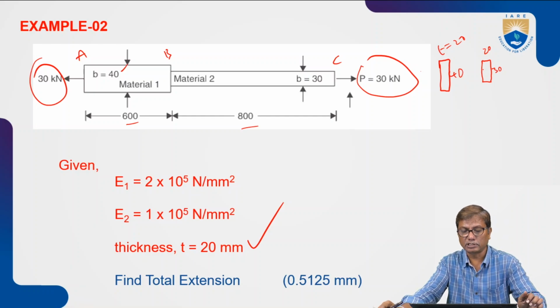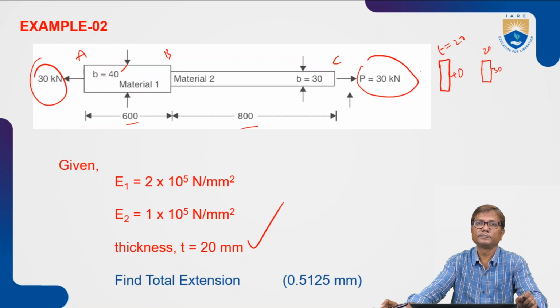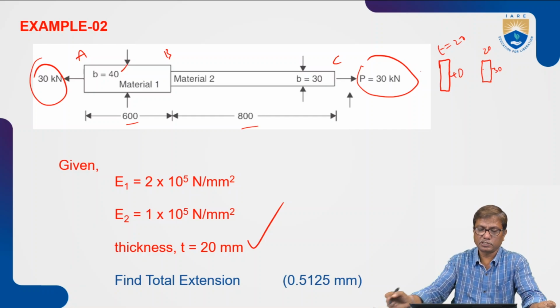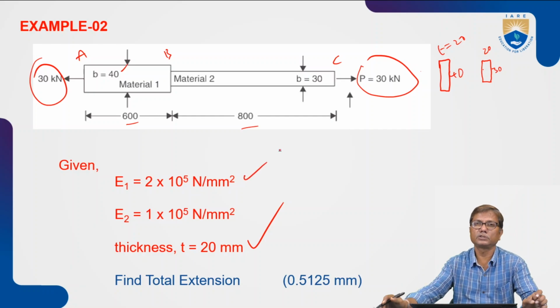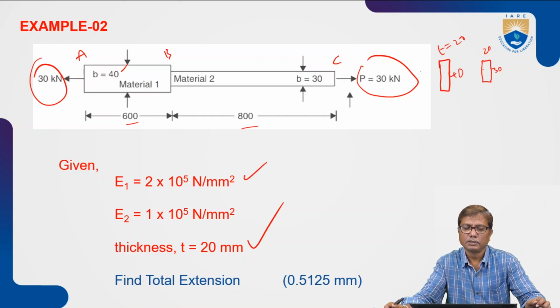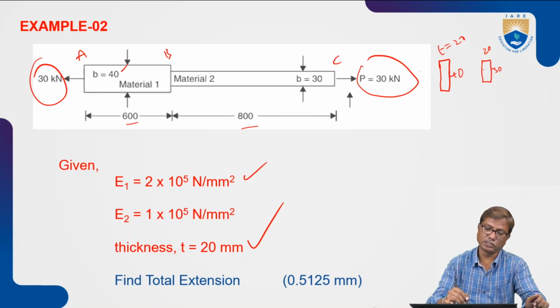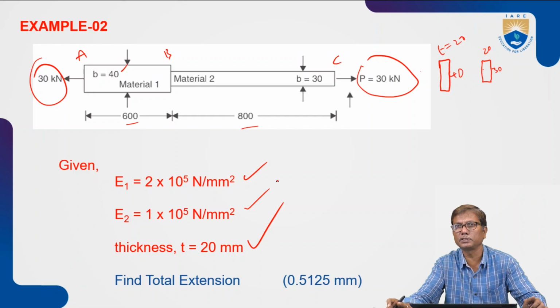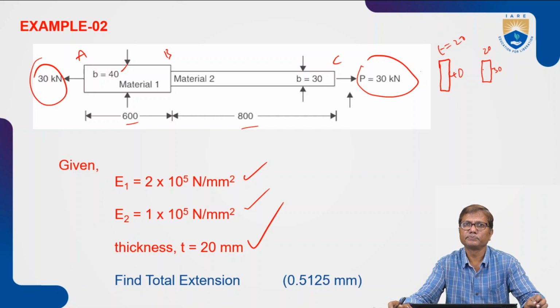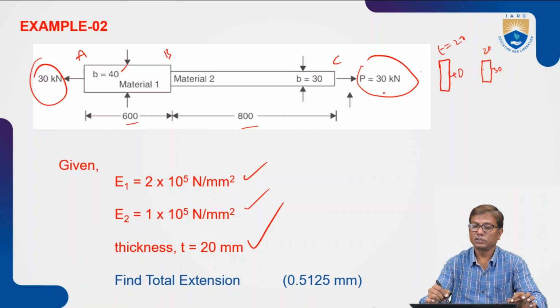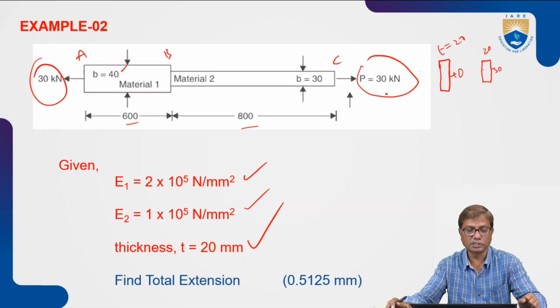So the cross section is rectangular here. And for material 1, the Young's modulus is given as 2 into 10 power 5 Newton per mm square. And for material 2, the Young's modulus is given as 1 into 10 power 5 Newton per mm square. And axial load is 30 kilonewtons acting at both ends.